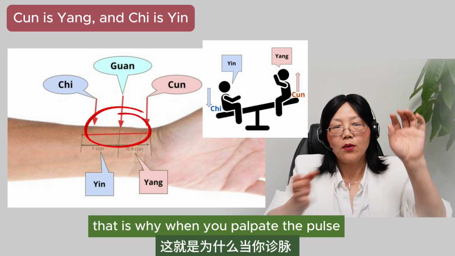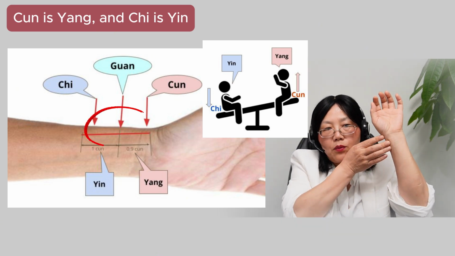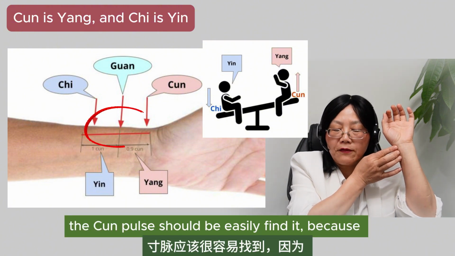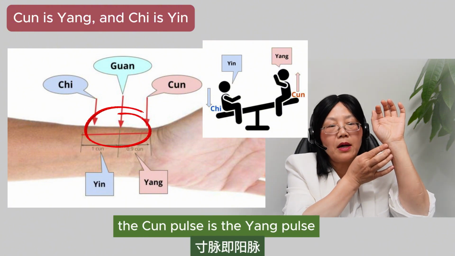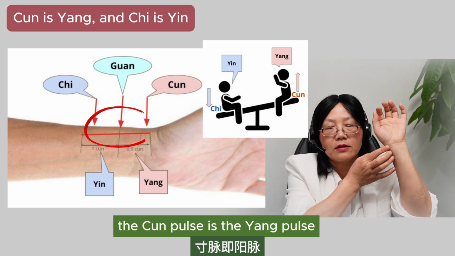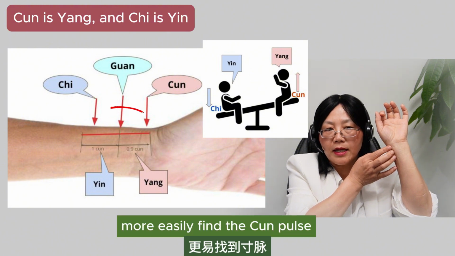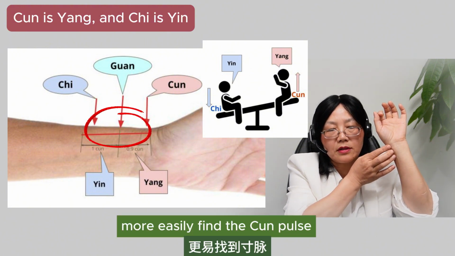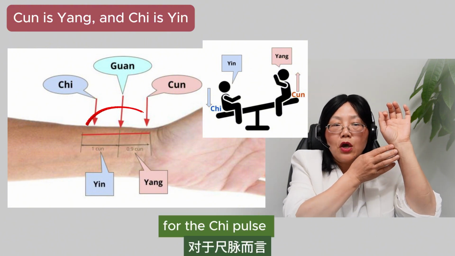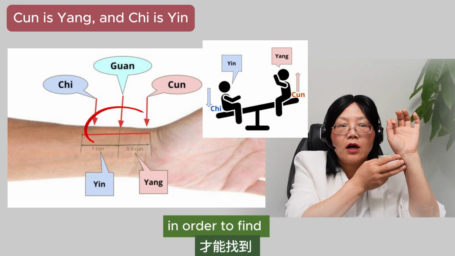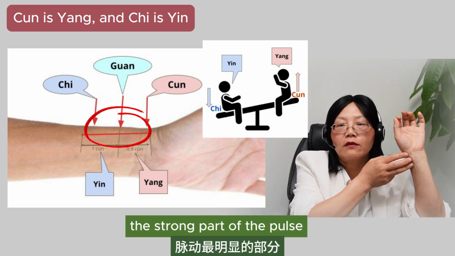That is why when you palpate the pulse, when you put fingers on it, the Cun pulse should be easily found, because the Cun pulse is the yang pulse. Yang will be stronger. It will be more superficial, more easily find the Cun pulse. For the Chi pulse, you have to push a little deeper in order to find the strong part of the pulse.